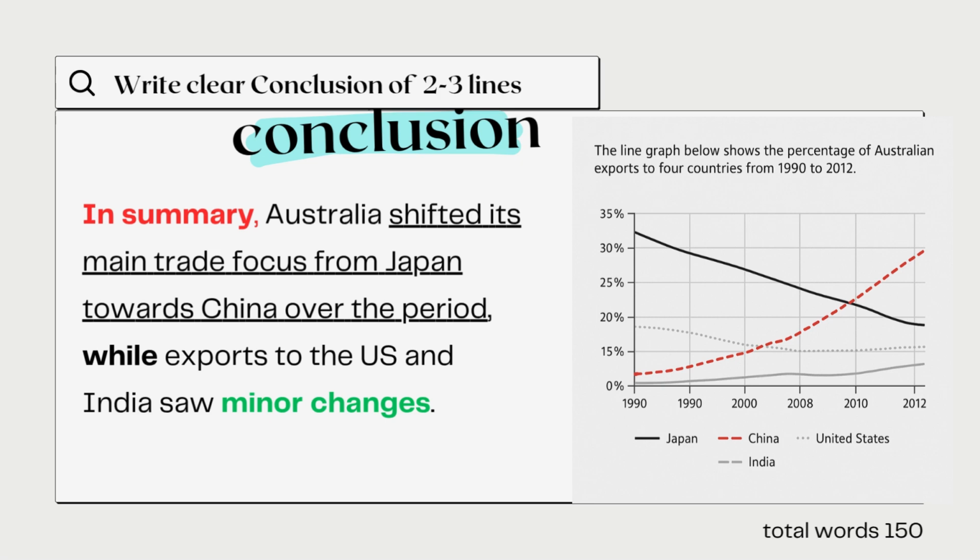The line of India is fluctuating, going up and down very slightly, whereas the dotted line of the US came down and then had a very steady motion.